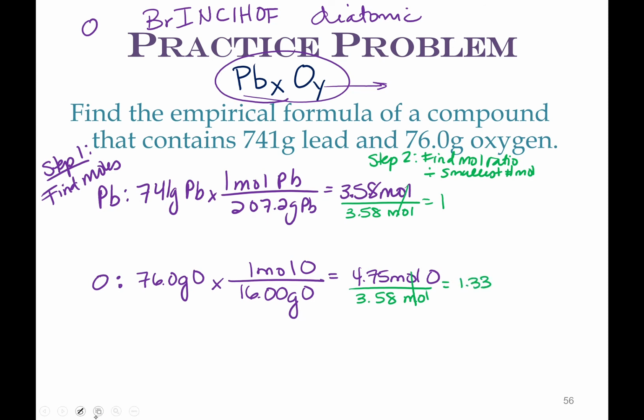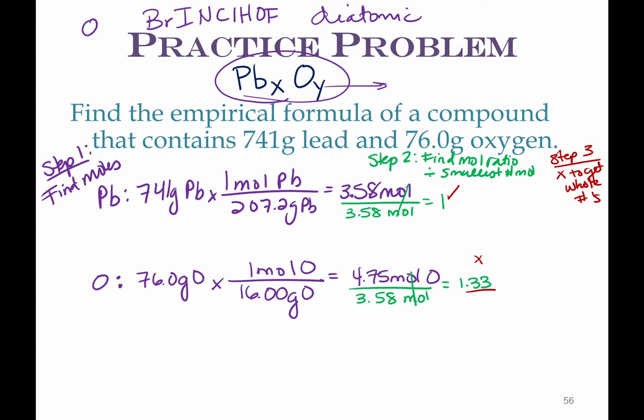So now step number 3. Step number 3 is multiply to get whole numbers. We said this one's not always required, but in this case, we have a 1, that's a whole number, but 0.33 is not a whole number, so we do need to multiply this through. Some of you can already see what we need to multiply this by, but others may not.